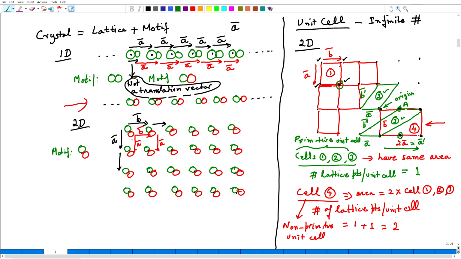So, then this would have to be A prime by 2, which means it has to take a value of half the lattice parameter. So, now I will close this lecture here, and in the next lecture we are going to extend the same idea to 3 dimensions.